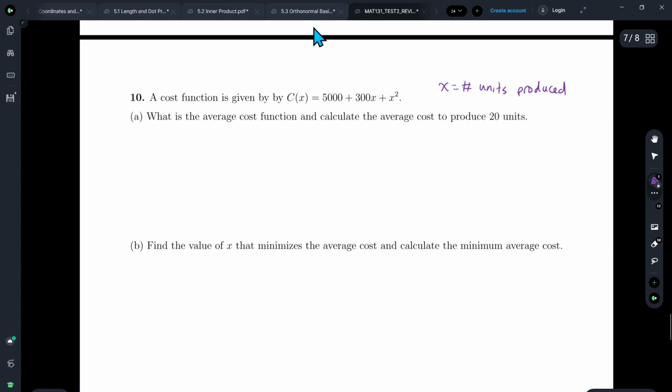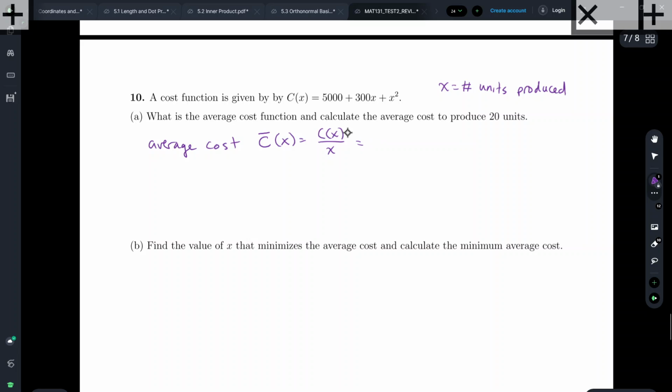And so the average cost, the notation is C bar, is calculated as taking the cost and dividing by x. Okay, so C of x is the function, 5,000 plus 300x plus x squared. And we divide the whole thing by x.